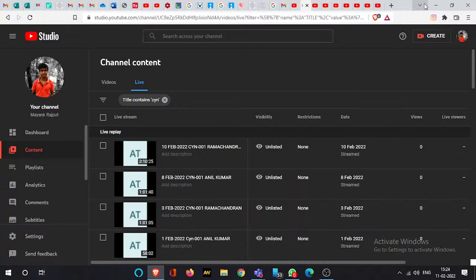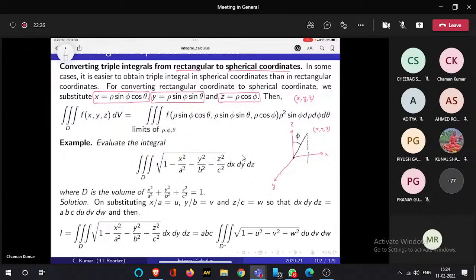Then you project this ray in the xy plane. The projection of this ray, which is making angle phi with the z-axis, is this line, and let us assume that this makes an angle theta with the positive x-axis.